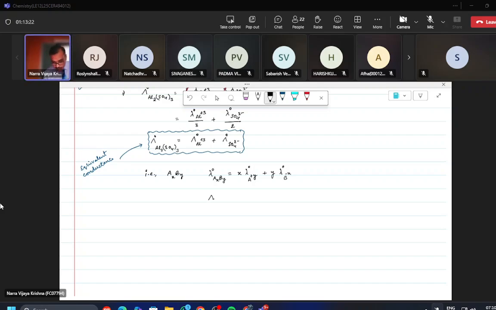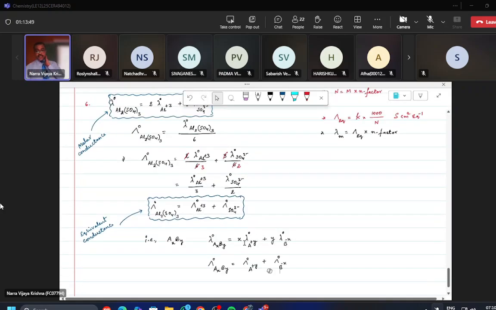If I want to calculate equivalent conductance of AxBy, what will I write? Equivalent conductance of A^y+ plus equivalent conductance of B^x-. I don't care about the number of cations or anions. Clear? Any questions, sir? Online? No, sir.